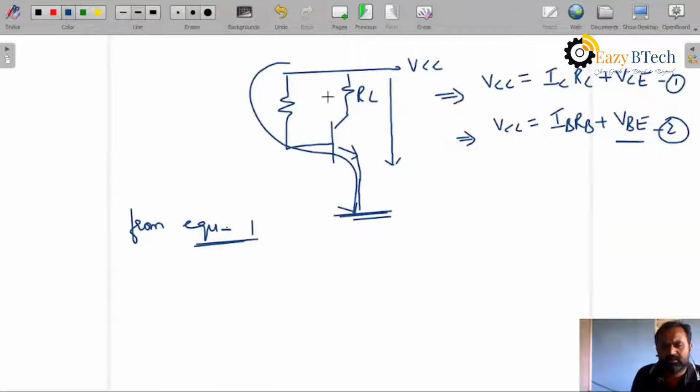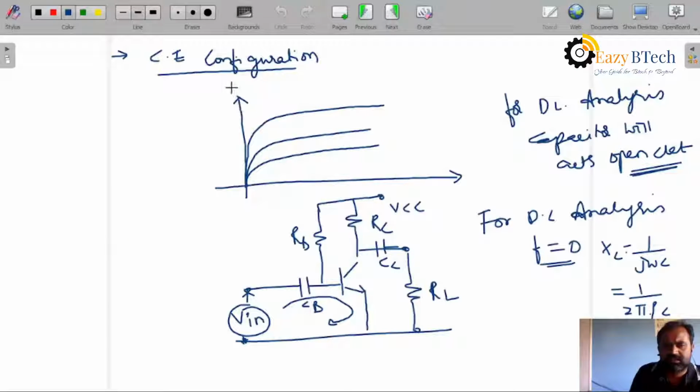Suppose the graph may look like this. This is IC, this is VCE. These are the output characteristics of common emitter. What are the output characteristics?